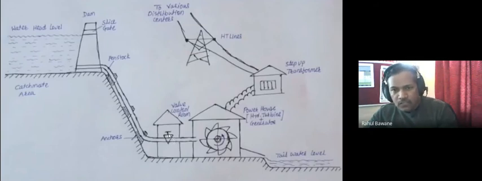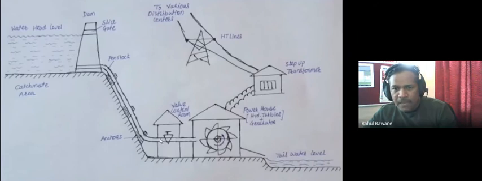Once you close it, the amount of water after this valve will be reduced, but before this valve, the water flowing according to the previous opening will reach up to the valve, and then you close it.